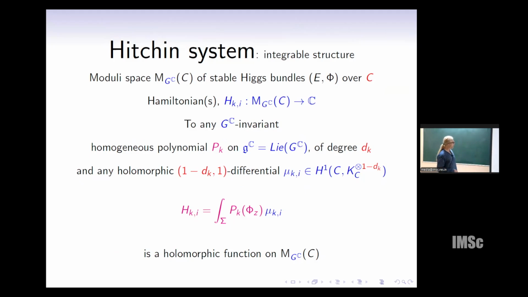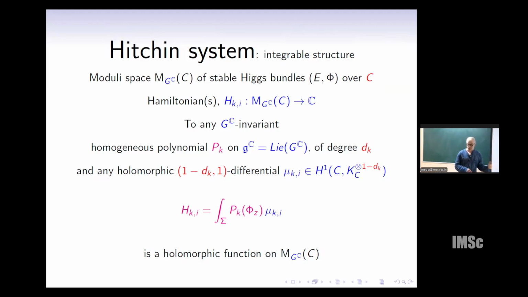So what Hitchin observed was that the result is actually not just an abstract phase space, but a phase space with a maximal set of commuting Hamiltonians. These Hamiltonians you get by taking invariant polynomials on the Lie algebra, and there is a vector space of such polynomials. You can choose a basis of homogeneous polynomials of certain degrees, and these degrees are invariants of the Lie algebra.